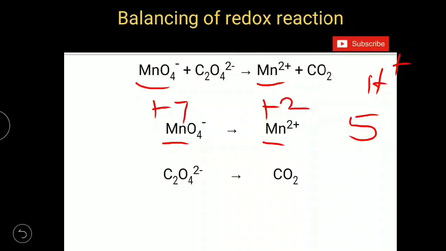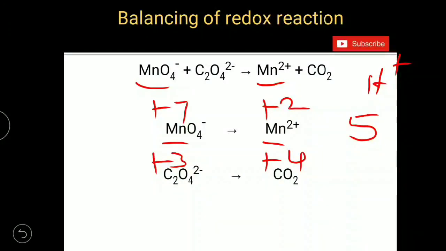Next, come to the remaining part of the equation, conversion of C2O4 2- into CO2, oxalate into carbon dioxide. Oxidation state of carbon in oxalate is +3 and carbon in carbon dioxide is +4. What is the difference in oxidation state? Only 1.